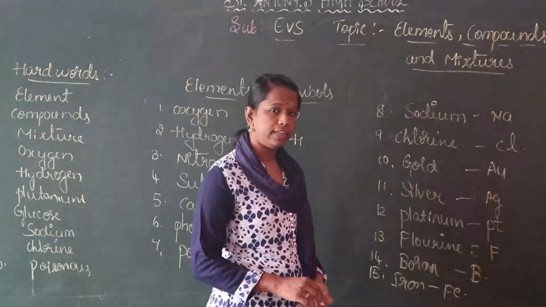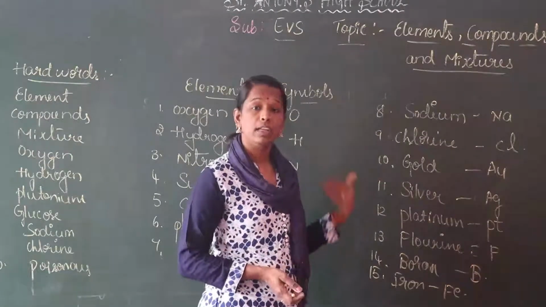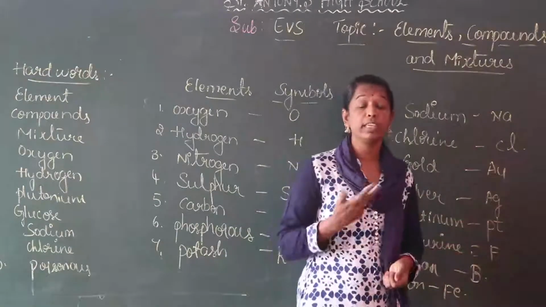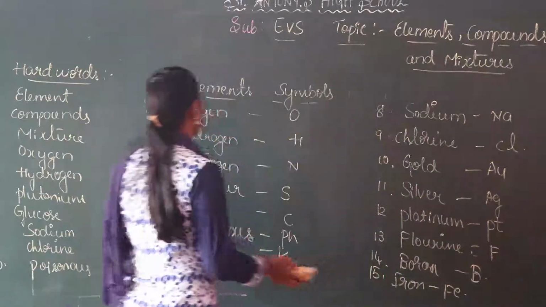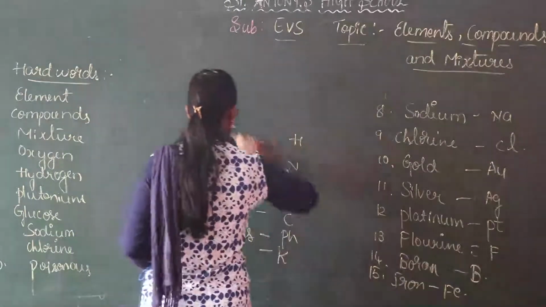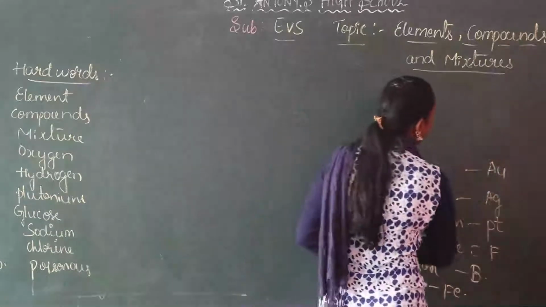Why do we write like this? It is taken from the Latin name, and then we give the symbol for the element. So learn these symbols. I will give them in the class first. So learn the symbols for the elements.